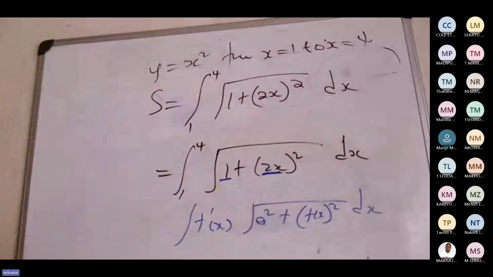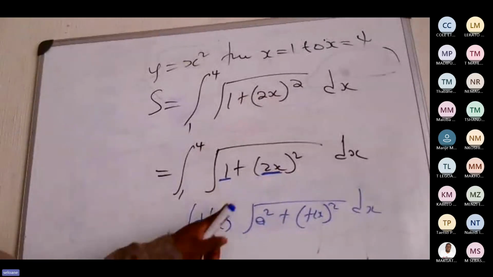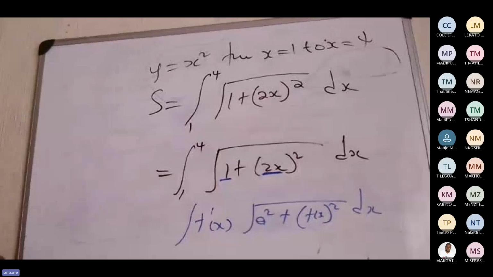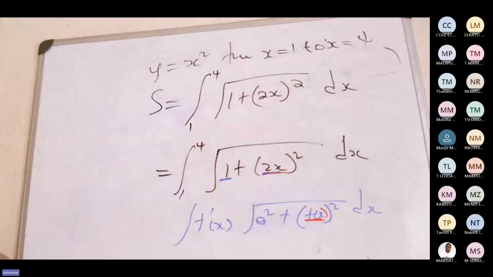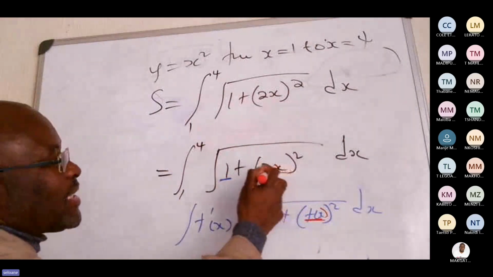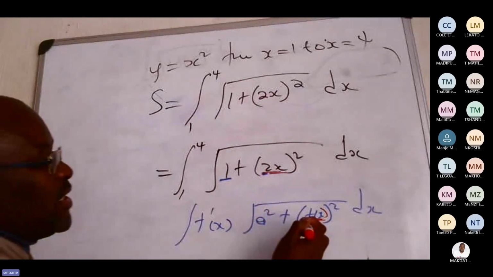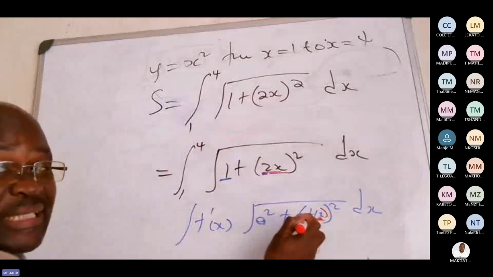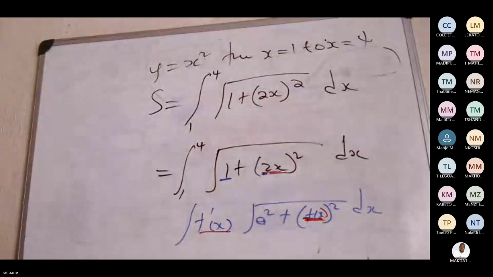I'm not sure about the numbering in your book, but it will be this one. So your f is 2x. If you differentiate 2x, this is f, you must differentiate it, and it must give you this.